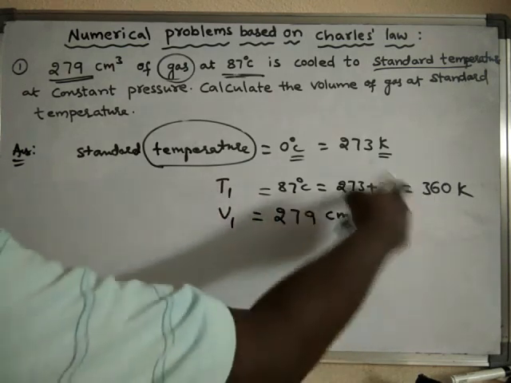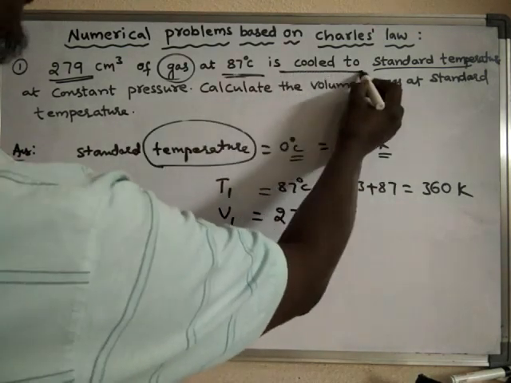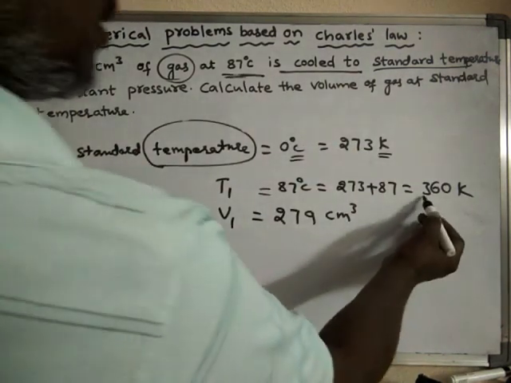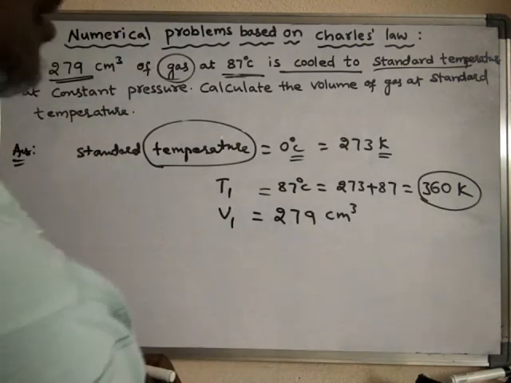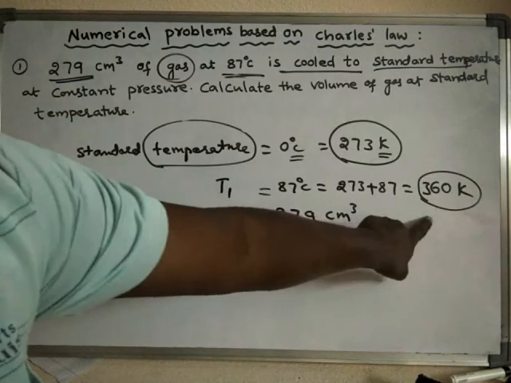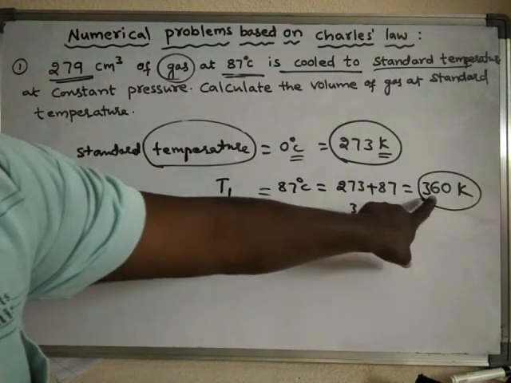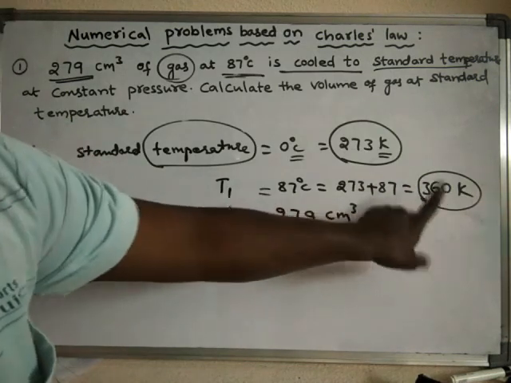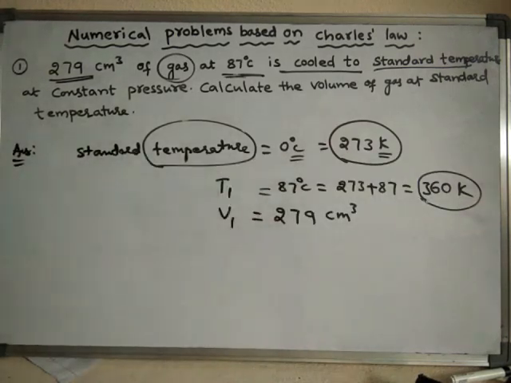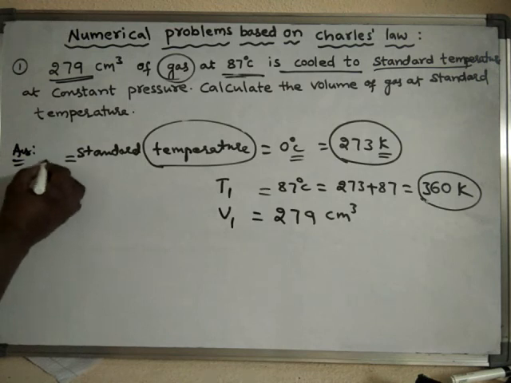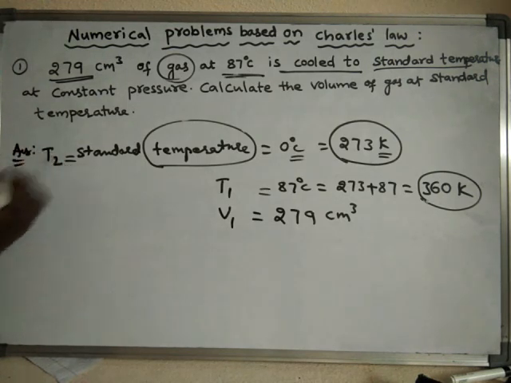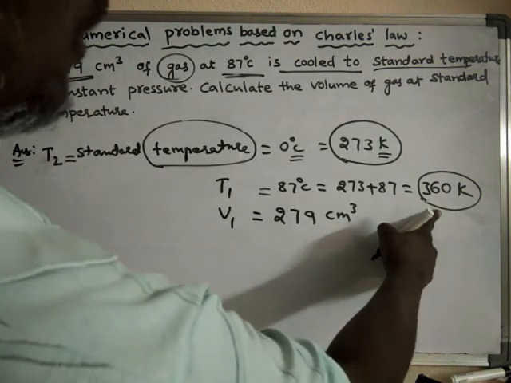Now this gas is allowed to cool. It is cooled to standard temperature. So from this temperature, the gas is cooled from 360 Kelvin to 273 Kelvin. This is said to be the final temperature, or T2, because the gas is cooled from this temperature to this temperature.